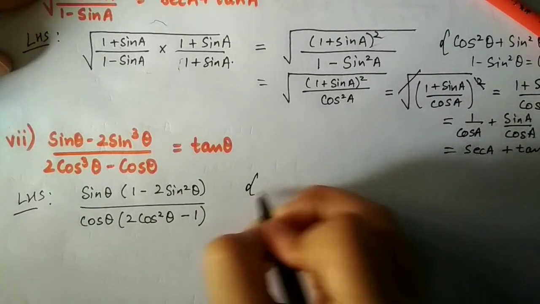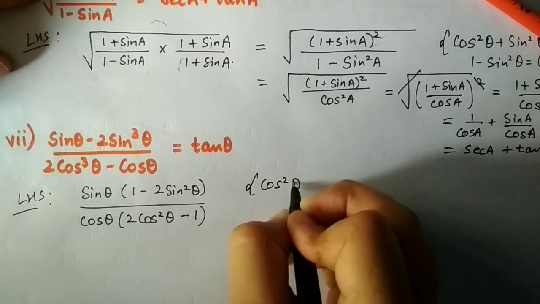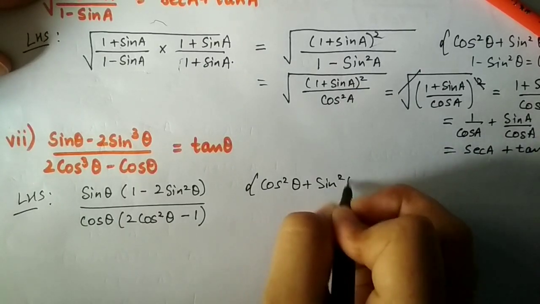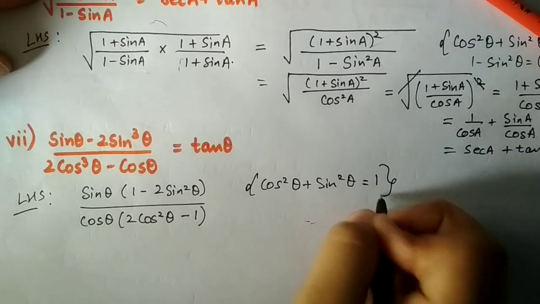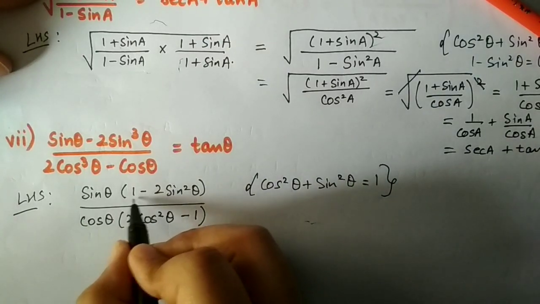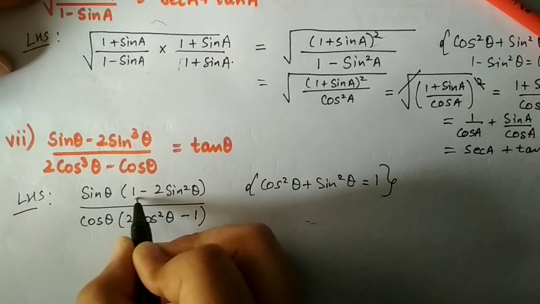you know that cos square theta plus sin square theta is equal to 1. Okay, so you can replace 1 with sin square theta plus cos square theta.